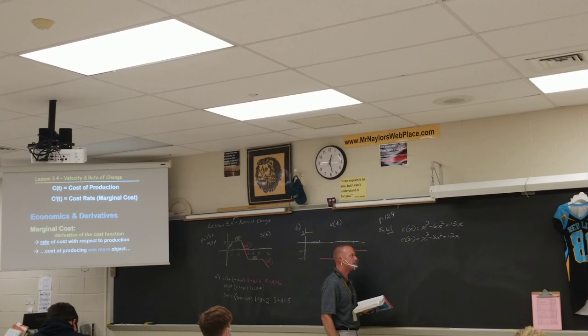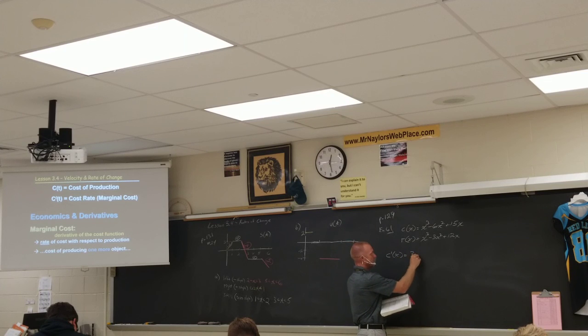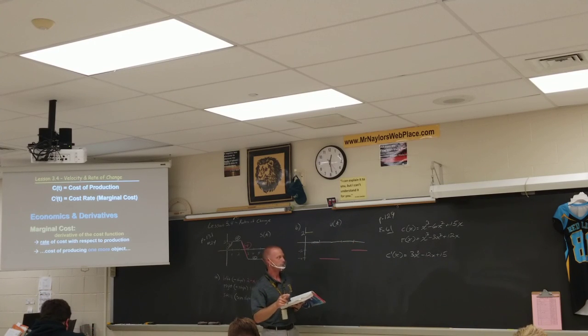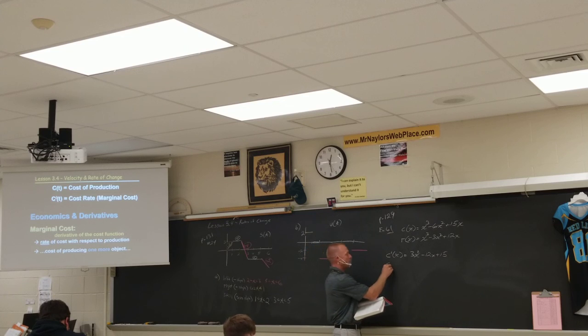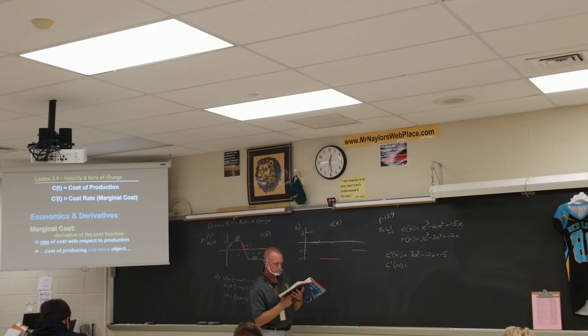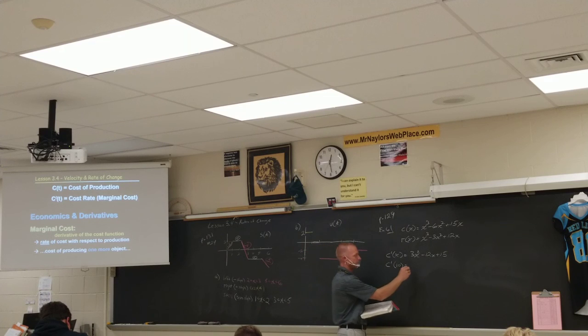We can find that if we understand that the marginal is going to be the derivative. So when I do the derivative of the cost equation, it's not a real hard derivative to do, but I basically get a rate equation. When you plug in 10, and you can see the book did it, you end up with 195.